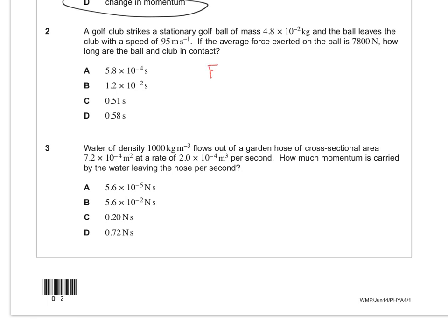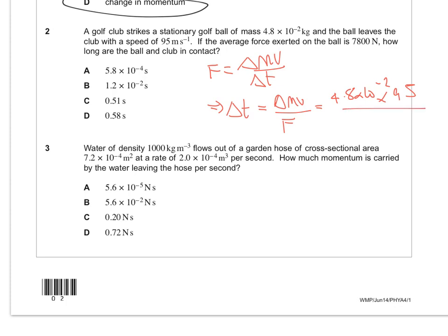So we know that the force is the rate of change of momentum. So if we want the change in time, it's going to be the change in momentum over the average force. So there's going to be 4.8 times 10 to the minus 2, that's the mass, times 95 because it's gone from stationary, divided by 7,800.